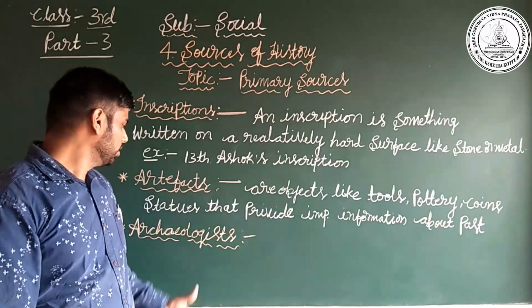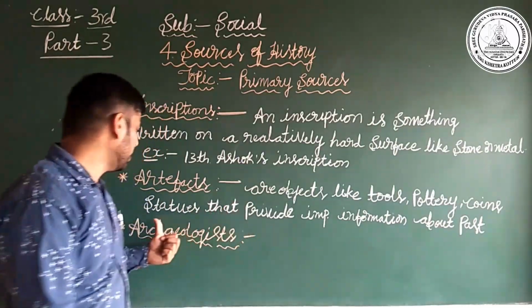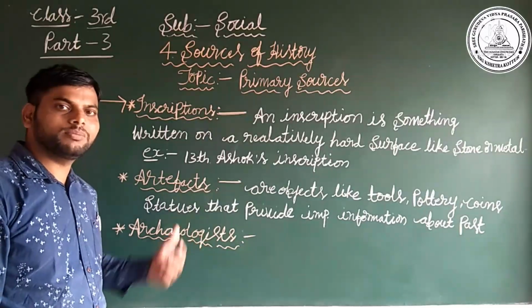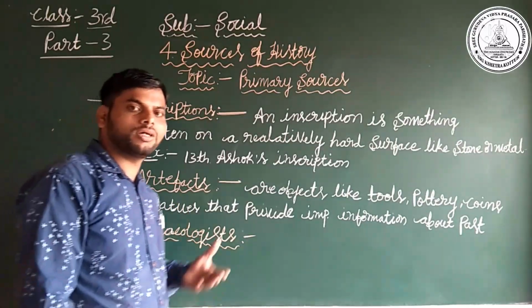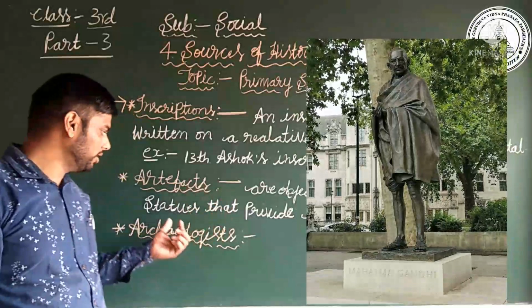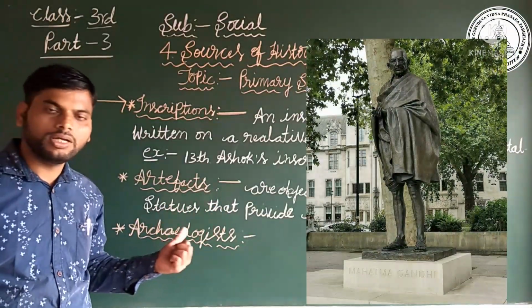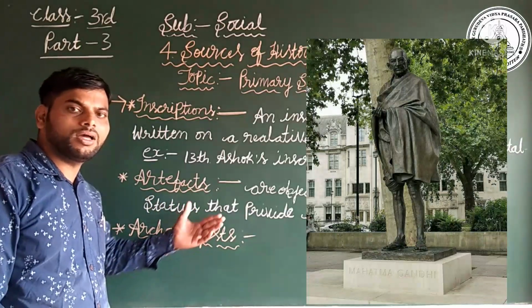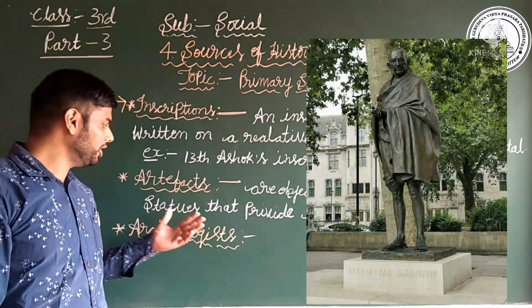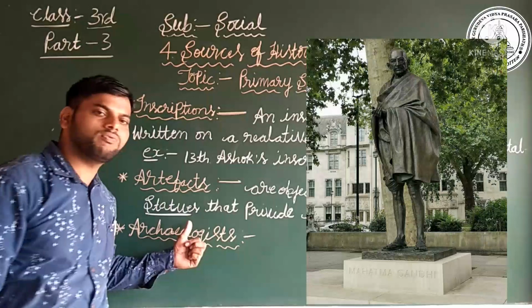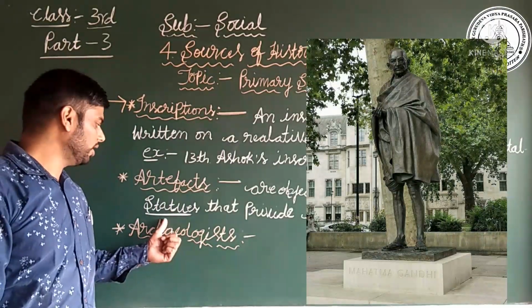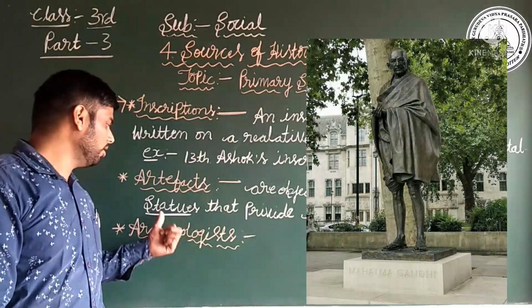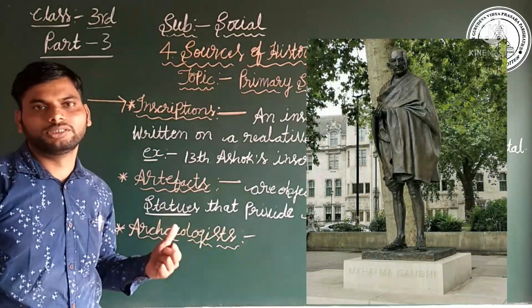Yes, my dear students, these are all about statues. For example, you might have observed in Kottur there is a Gandhi circle with a Gandhi statue. What is it? It is built in honor of a person or event. He was the father of the Indian nation, so that is why they established the statue of Mahatma Gandhiji.